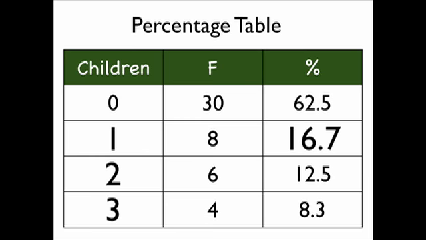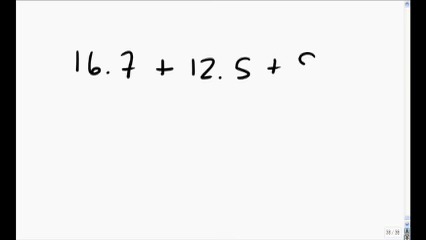Take the 16.7, 12.5, 8.3, and add these percentages. 16.7 plus 12.5 plus 8.3.